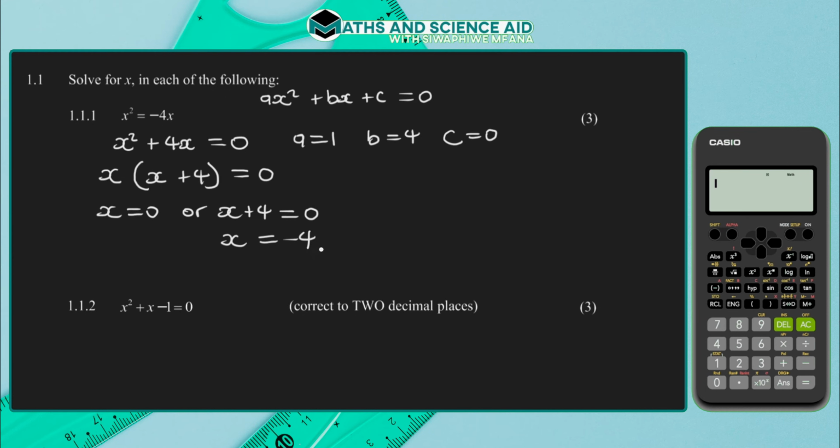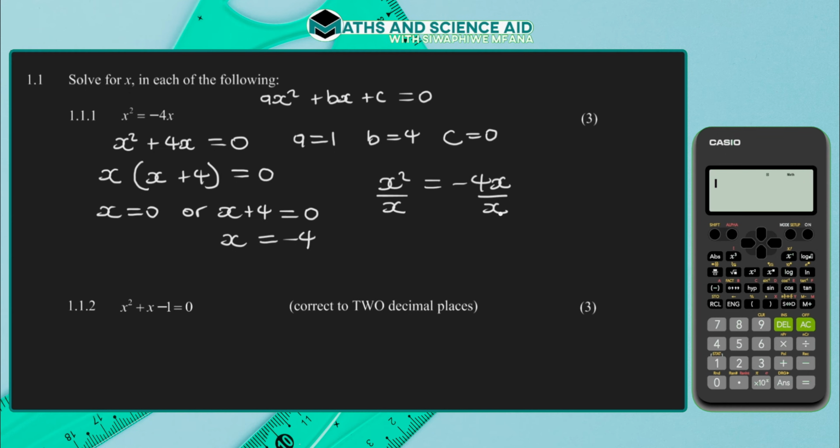And speaking of that, here is what I think is a common mistake that other learners can make in a question like this. So we have got x squared is equal to negative 4x. So you can be tempted to say that, okay, let me just divide by x on both sides of this equation.